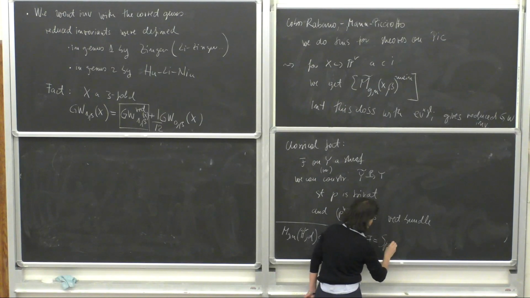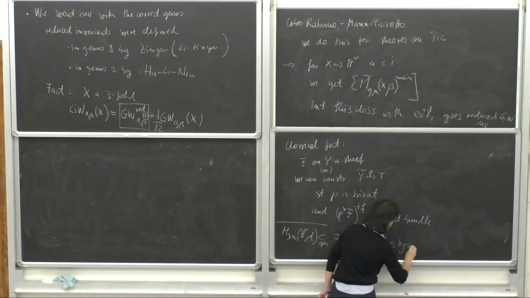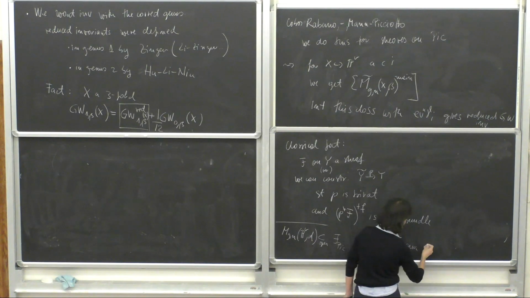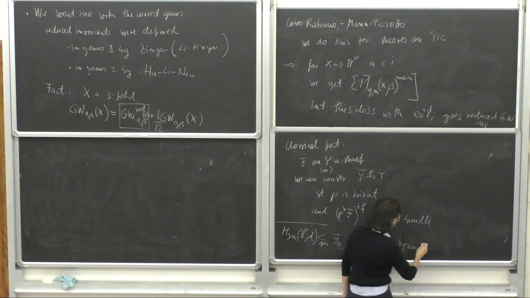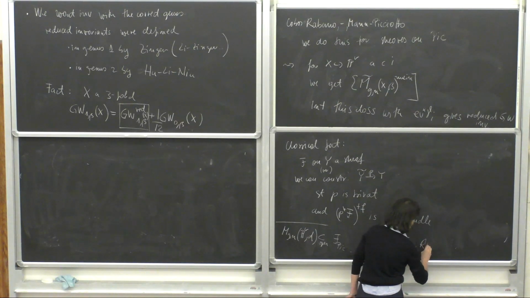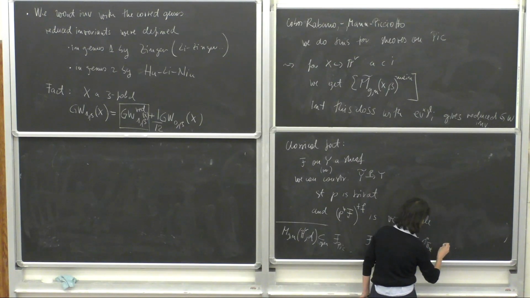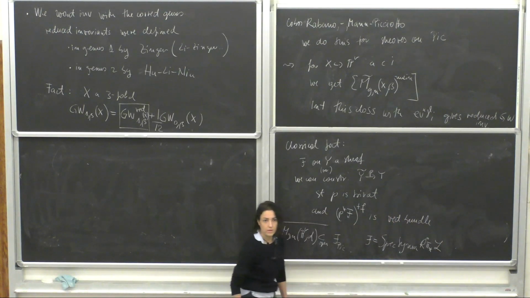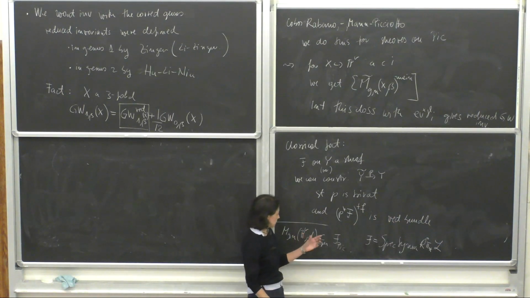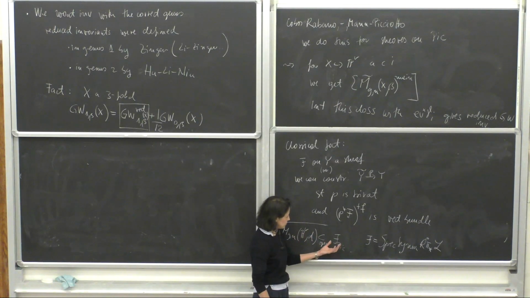So we usually write it like this. I'll write a bit of a lie. I think maybe the short answer is F is the thing whose fibers over P are some vector spaces.